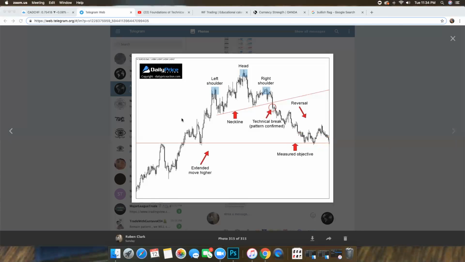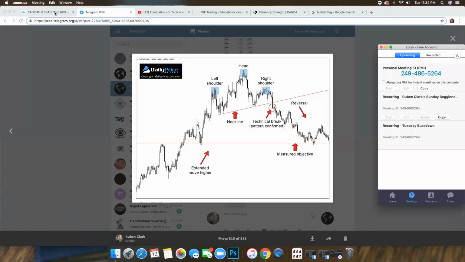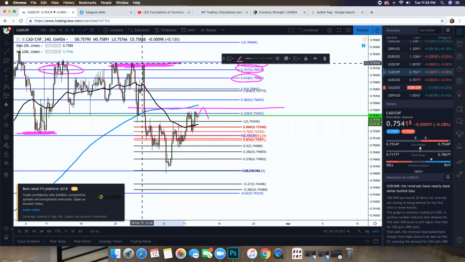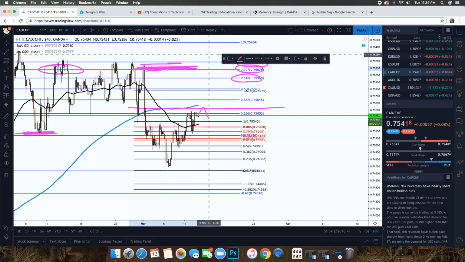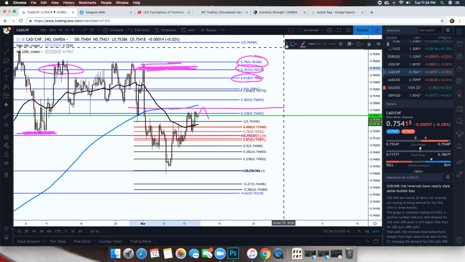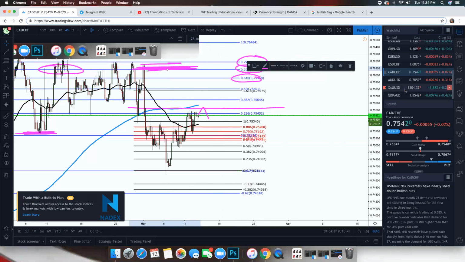That would be the completed move over on CAD Chef. So if it does break and we get a retest of that, we could definitely see price go up another 60 pips, which is what I was saying already, right? We got our 707, 789 and stuff like that.